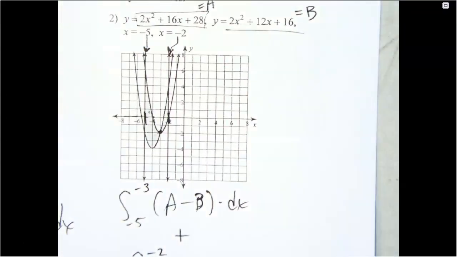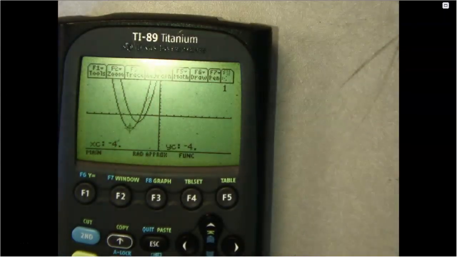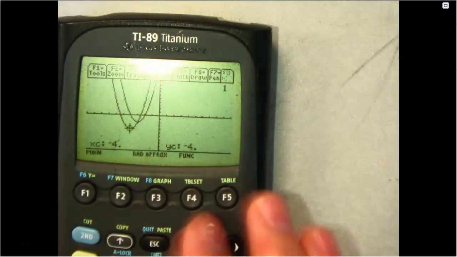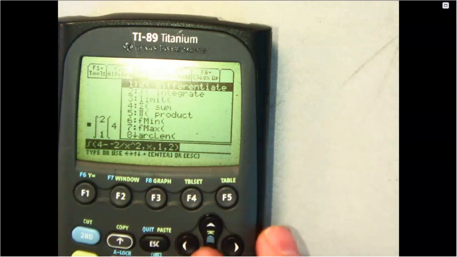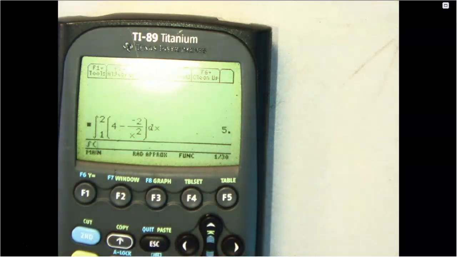So let's type this in. Let's see if we can do this. So I would integrate. When you subtract B, make sure you put in parentheses.